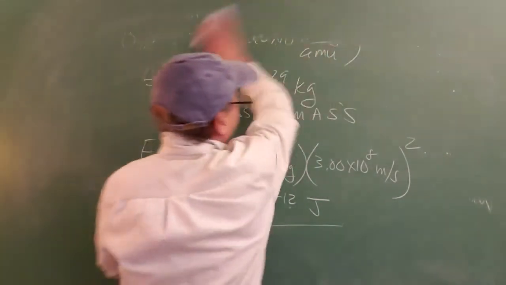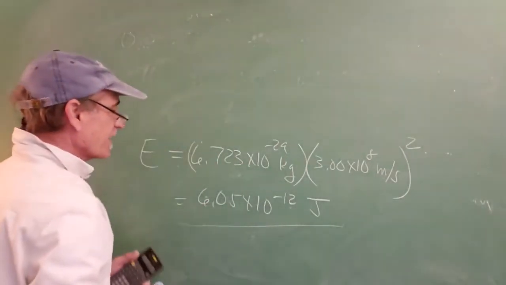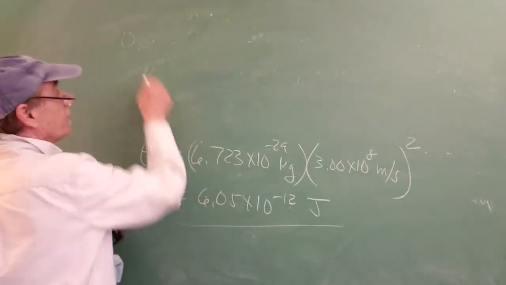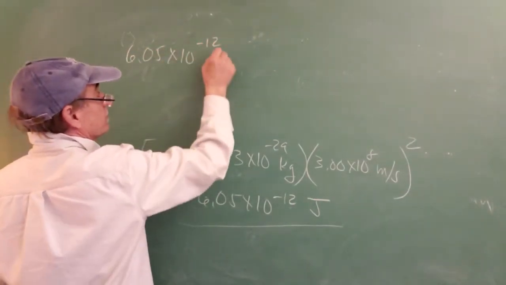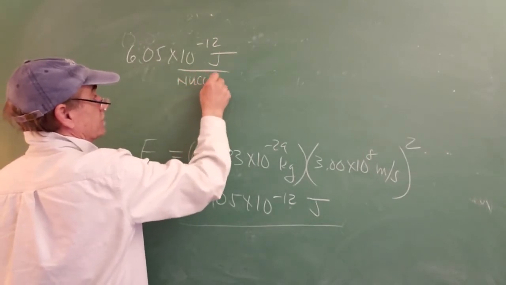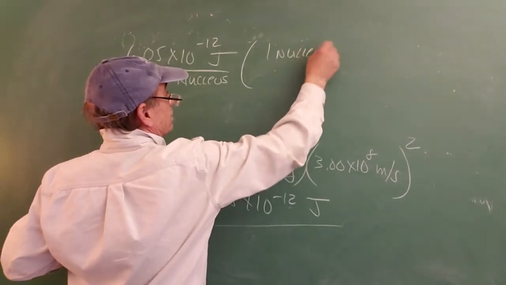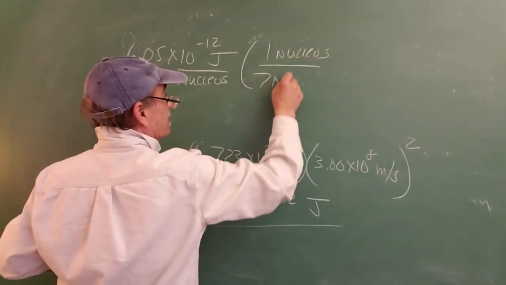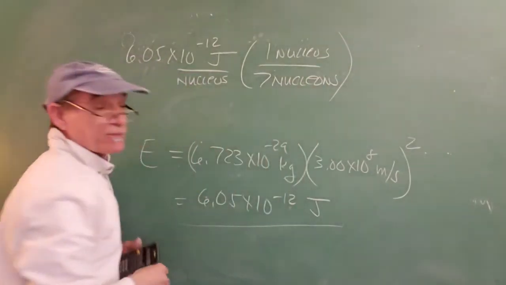Something revealing comes out of this. If we were to say, okay, 6.05 times 10 to the minus 12 joules, and that's per nucleus, but one nucleus contains 7 nucleons. That's for this particular isotope because we're looking at lithium-7.